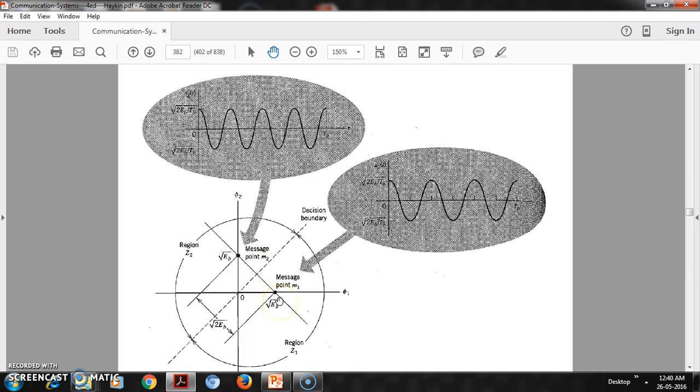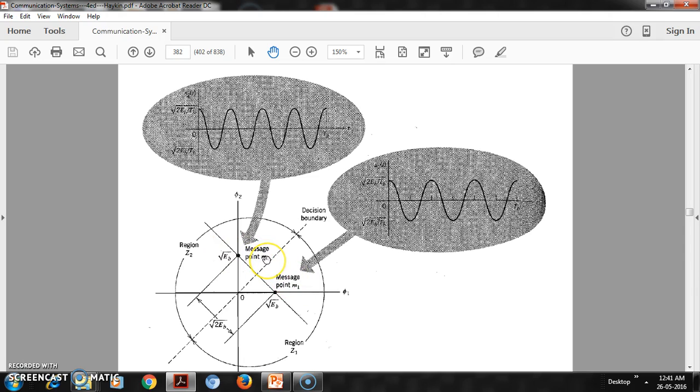So I have marked the two signal points S1 here and S2 here. S1 corresponds to your first symbol 1. S2 corresponds to your second symbol 0. What we have done here is divide the whole constellation into two halves using the decision boundary, and observe that this decision boundary divides the constellation diagram symmetrically into exactly two halves.